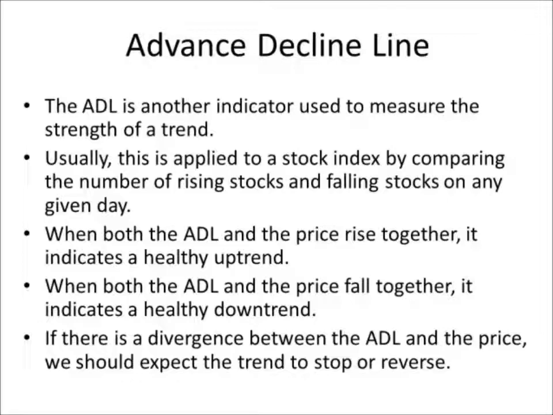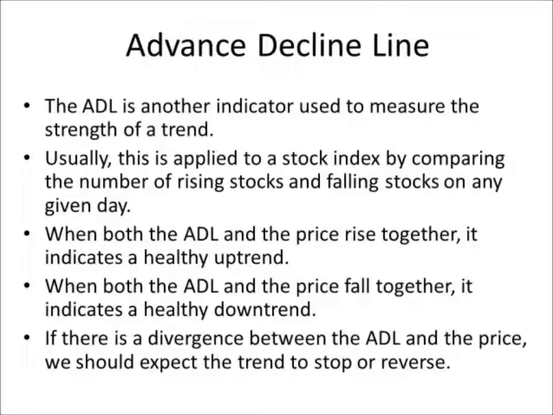And what this is actually looking at is multiple stocks. Alright, so usually we use the ADL on a stock index, okay? And what it does is that we compare the number of rising stocks and the number of falling stocks on any given day. So we know that the index is comprised of a certain number of stocks. And the number of stocks that are rising in that index versus the number of stocks that are falling in that index, we use that to create this advance decline line, or to create this indicator.